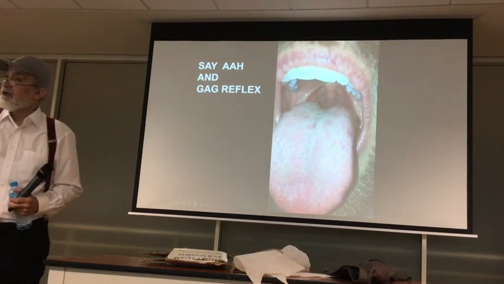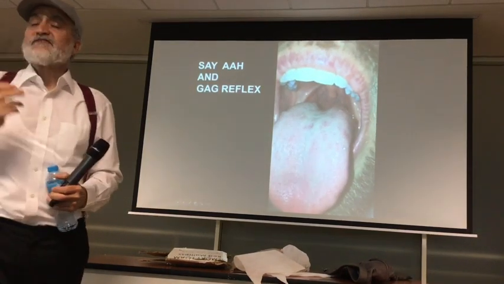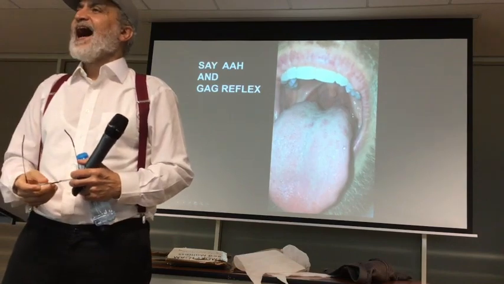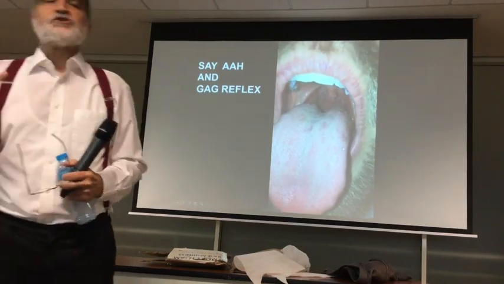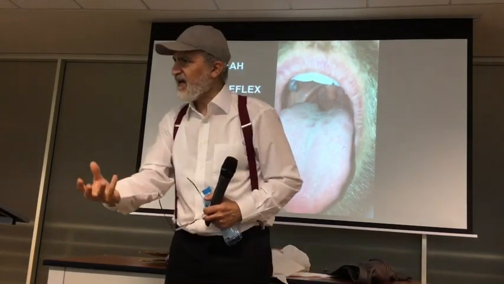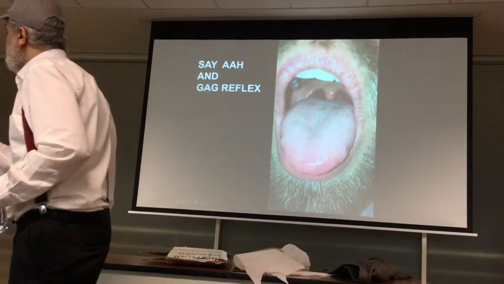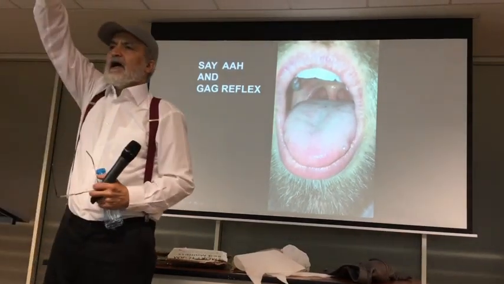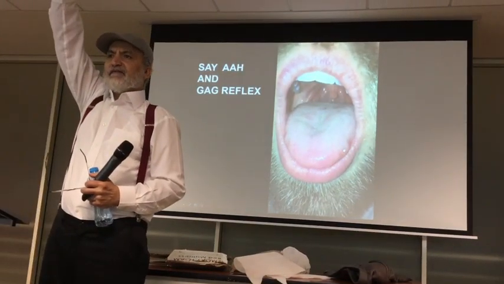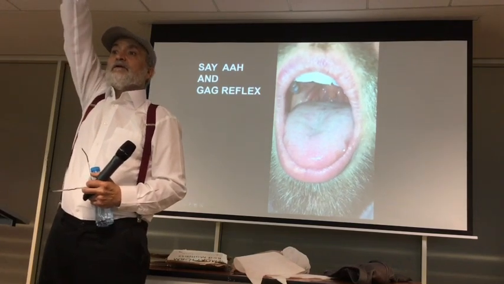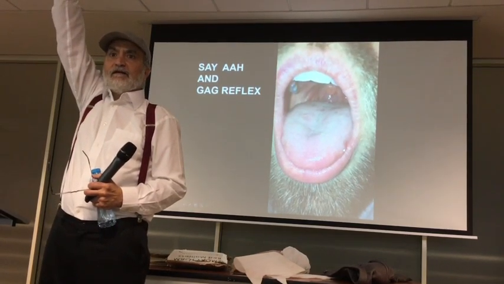All right. Listen. If I ask somebody to say ah, I test which nerve now? Vagus. Suppose that when he is saying ah, the uvula will go up. You agree? You know the uvula.